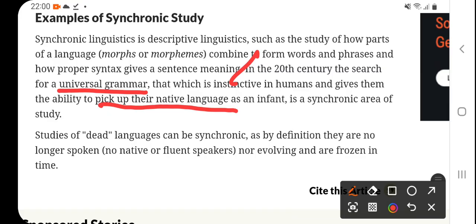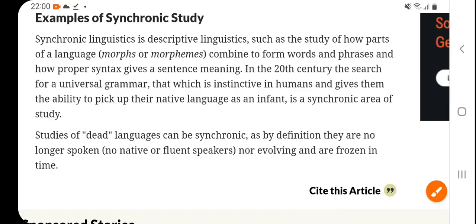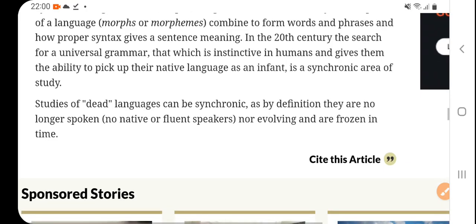If I live in Mumbai, that is my native language, picked up as a small baby. Similarly, native or local languages are nurtured in our personality in the beginning, and that is an area of synchronic study.